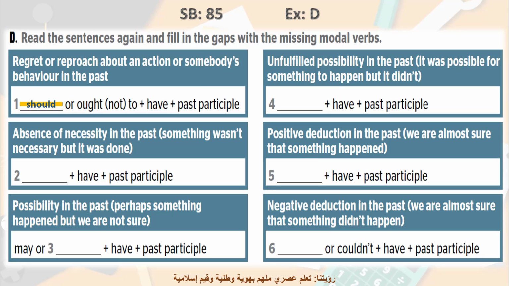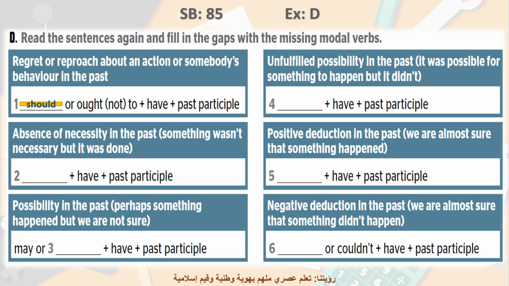Number 2, absence of necessity يعني غياب الضرورة. ما في داعي. ما كان في داعي because we are talking about the past here. Okay? Something wasn't necessary. يعني شيء لم يكن ضروريا. شيئا لم يكن ضروريا but it was done. ولكنه قد تم فعله.